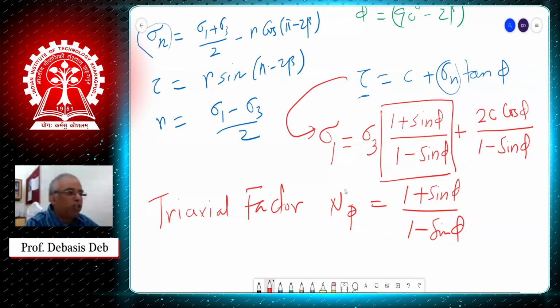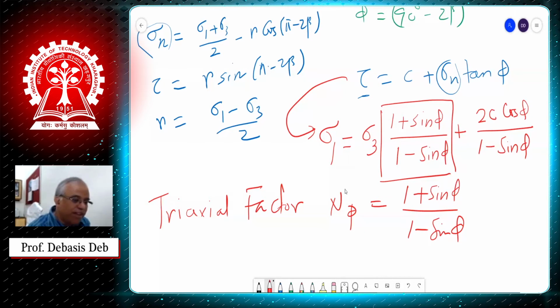This is normally more than 1. You can see that if phi equals to 0, it is 1. But as I told you, phi will never be 0. So for any value of phi from 0 to 90 degree, this will be more than 1. Okay. At phi equals to 30 degree, value becomes 3.